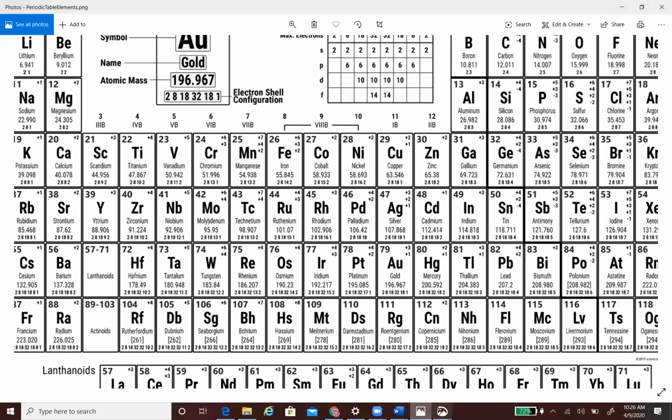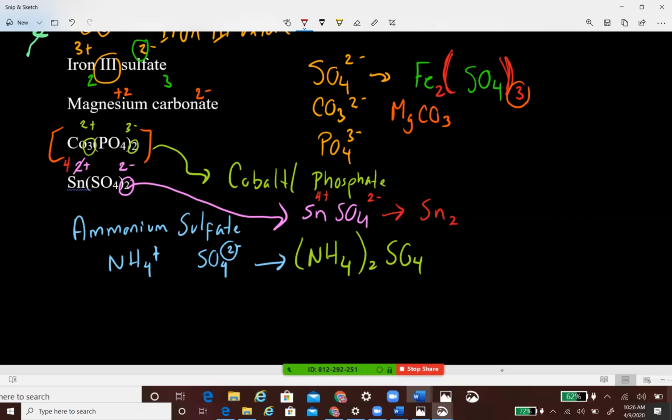So we need 2 tin and 4 sulfate, but because it's ionic, we can reduce it and divide everything by 2. That means you would need 1 tin and 2 sulfate, which is what this formula is showing. So that's correct. You can always check to see if that makes sense. Is tin +2? If I use the reverse crossover rule, it doesn't make sense in this case. So it's not +2, maybe it's a multiple of +2, maybe it's +4.